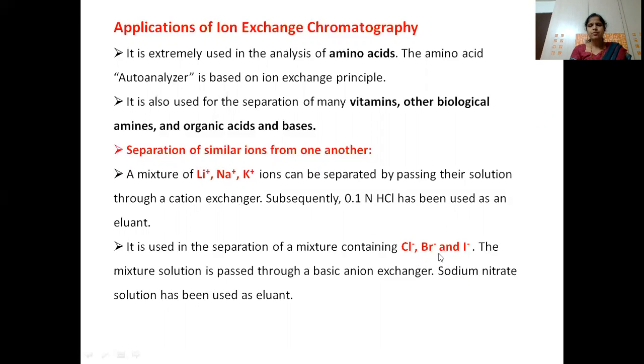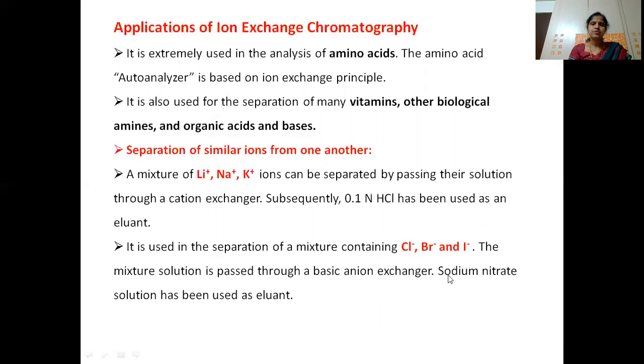Again, here if we have a mixture which is having chloride, bromide and iodide, so as they are anions, the stationary phase we have to select for this separation is a basic anion exchanger. So on this basic anion exchanger, the anions will get exchanged, and for the elution we will be using sodium nitrate solution.